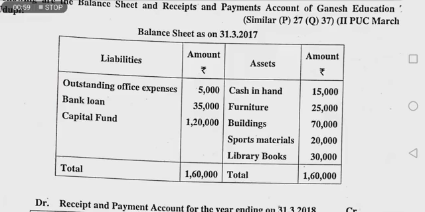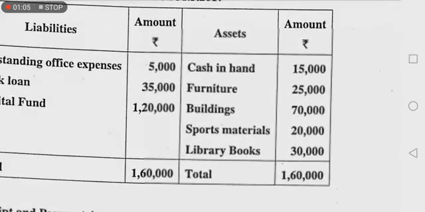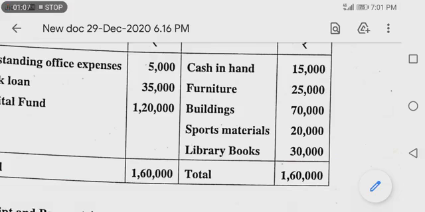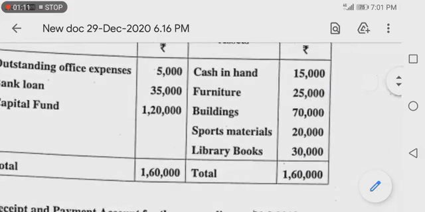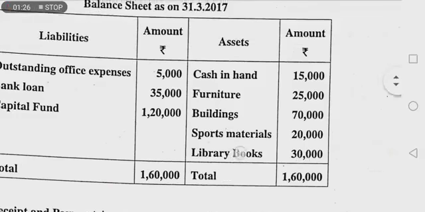Under the asset side they have given assets like cash in hand, that is the cash kept in office, 15,000, as well as the furniture, the value of the furniture belonging to Ganesh Education Trust, 25,000, and buildings cost rupees 70,000, and sports material 20,000, and library books 30,000.